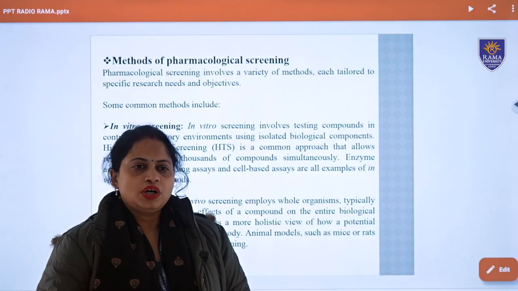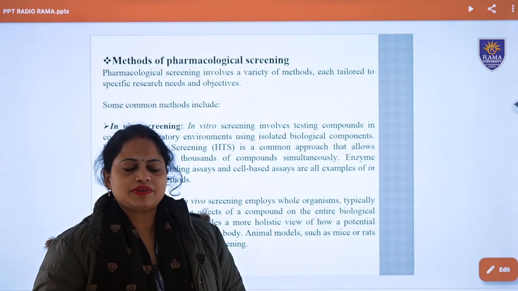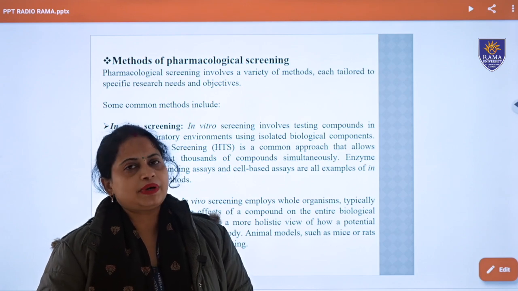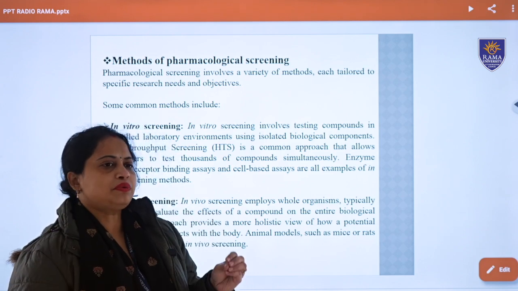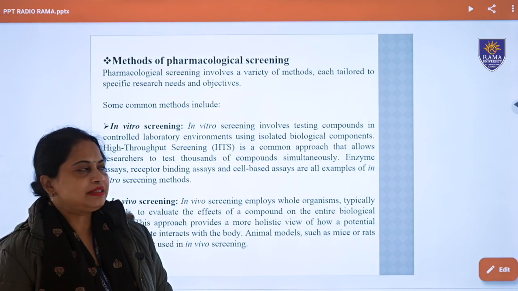Why? Because through these preclinical testing models, we can establish whether the drug is safe at the cellular level as well as the biochemical level, and only some compounds can enter into human trials.